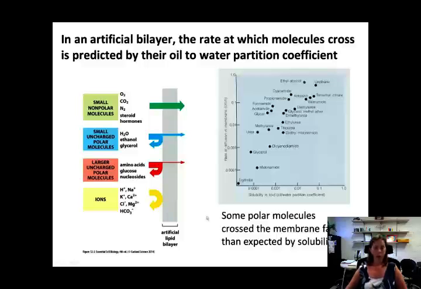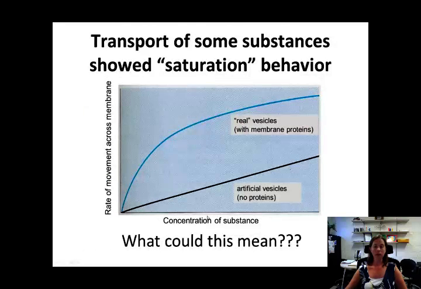Some polar molecules, if you have natural vesicles made from a cell membrane, will diffuse across the membrane faster than expected. So, for example, artificial vesicles, as we saw in the previous slide, could just be lipids mixed in an aqueous solution, and the rate of movement across the membrane corresponds to the concentration of the substance.